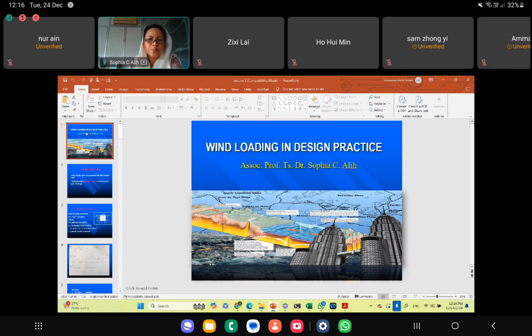For this part of my lecture, we are also going to check the effect if you do a static analysis for a structure which is sensitive to dynamic response. I mentioned to you before, if you have a high-rise building or slender structure, which may have dynamic response to wind, you shouldn't use static design, because static design will not be safe for you, right?